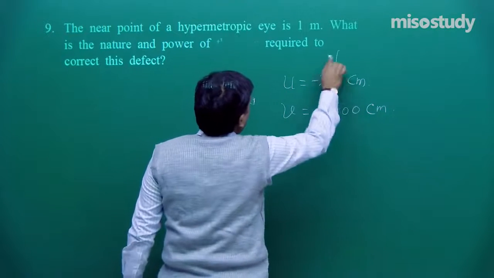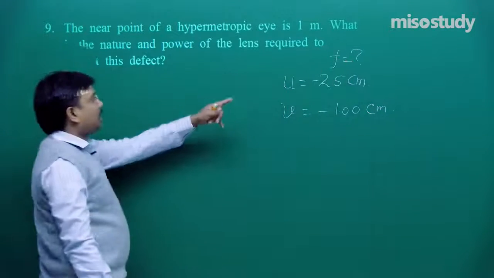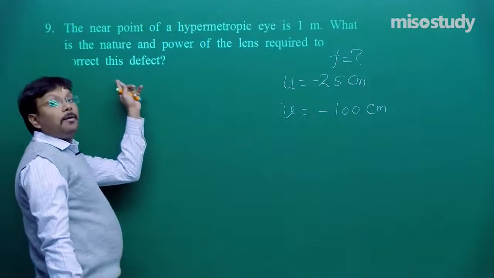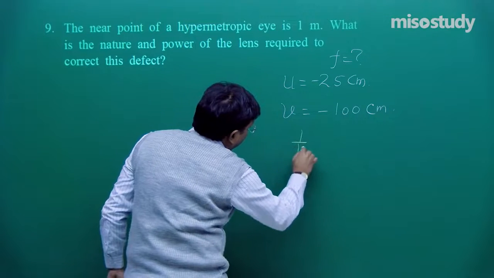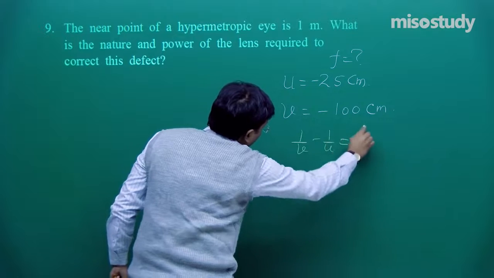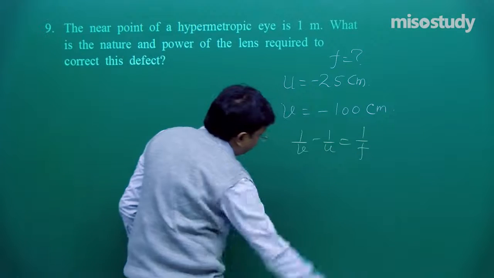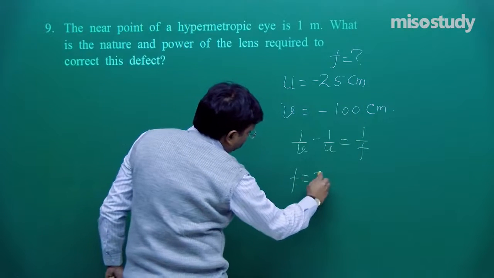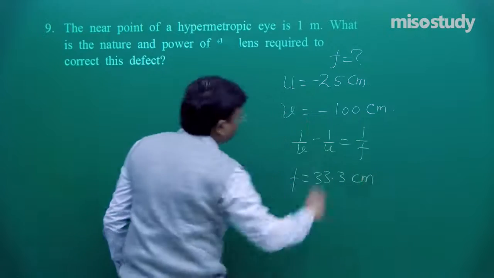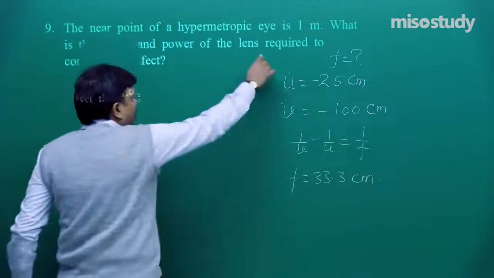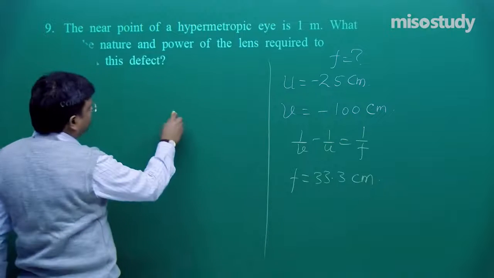F is how much? Because if I get the value of F, I can calculate the power. So, again put the values in 1 by V minus 1 by U is equal to 1 by F. So, F is equal to 33.3 centimeters, a simple calculation.